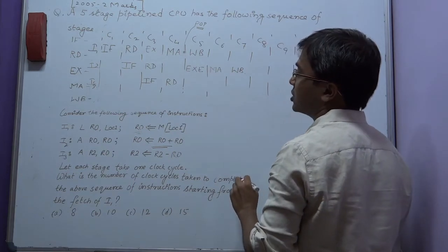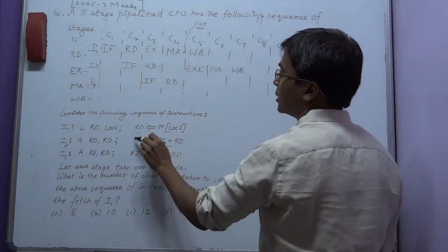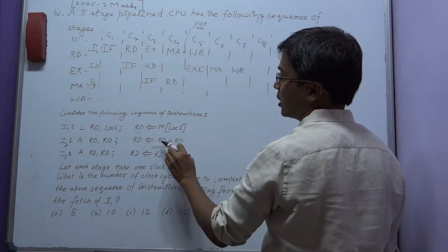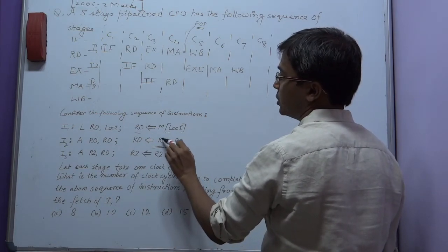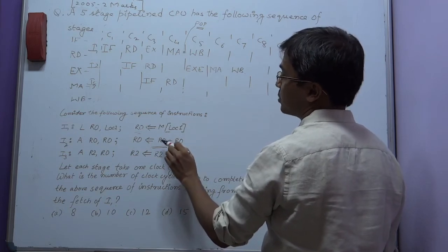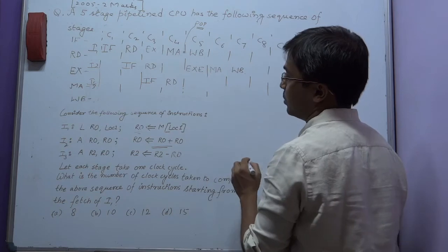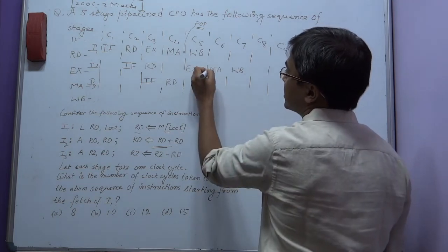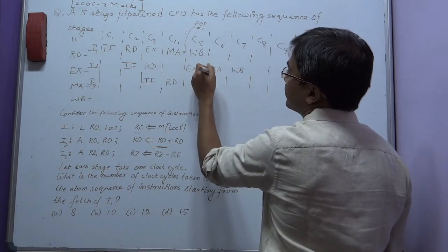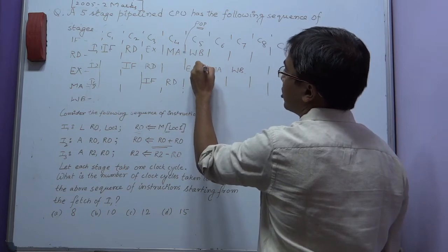So the point of production at which the new value of R0, that is by summing up the value of R0 with itself, is produced by I2 somewhere in the pipeline, and that point is this point, that is at the output of the arithmetic logic unit.